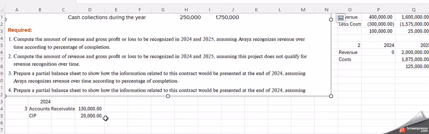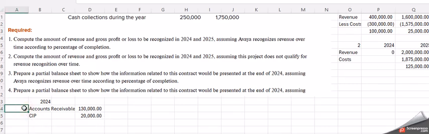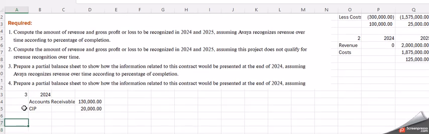Okay, then let's see. Then number 4 says, prepare the partial balance sheet to show how the information related to the contract would be presented at the end of 2024. I think, and darn it, I cut the last part of that off, but I think that was asking for if we did not qualify for recognizing the revenue over time.